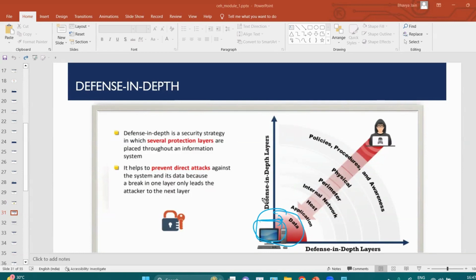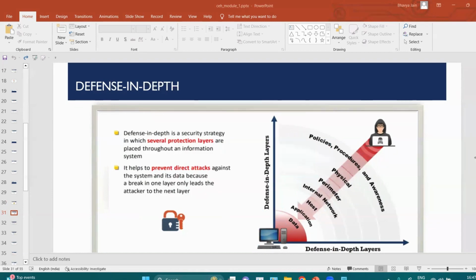Now, this technique is used for preventing direct attacks against the system. Why so? Because here we are applying many layers, and each and every layer is independent. If the attacker wants to attack this system, then he or she has to put equal effort into each and every layer to crack each and every layer.